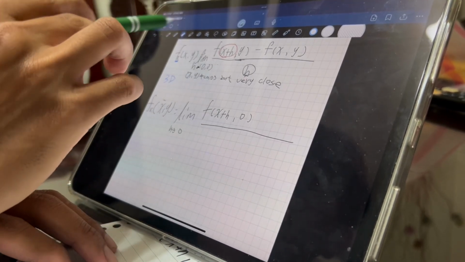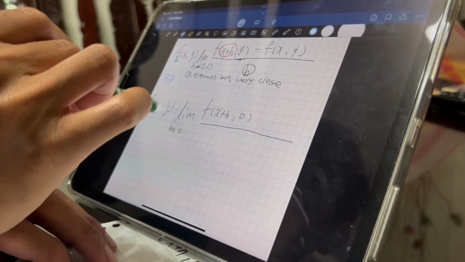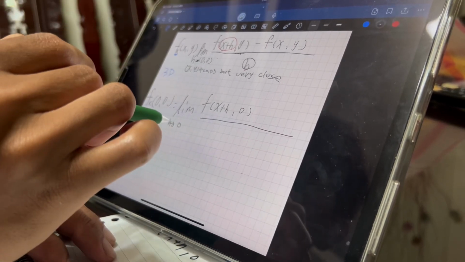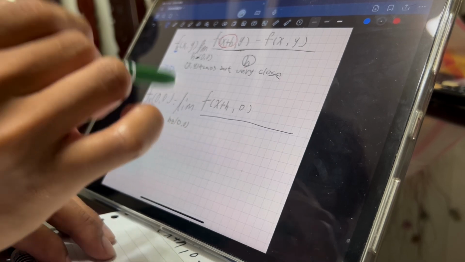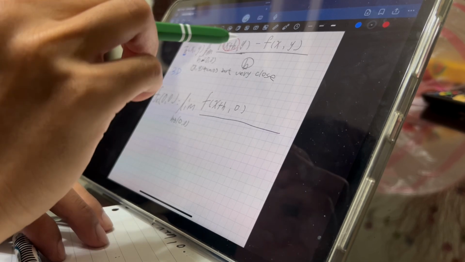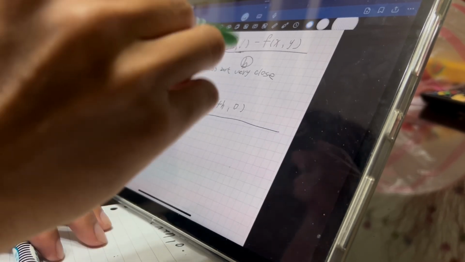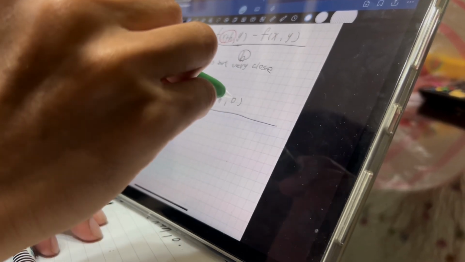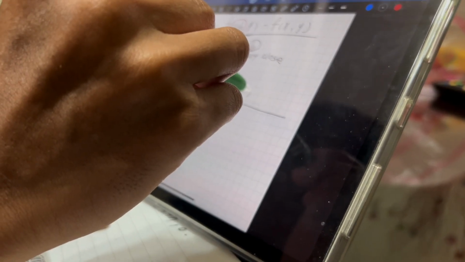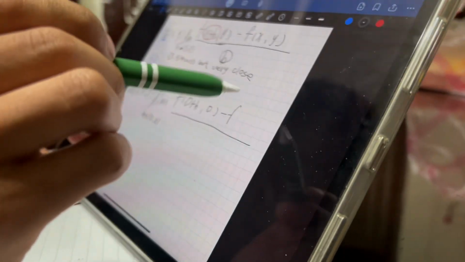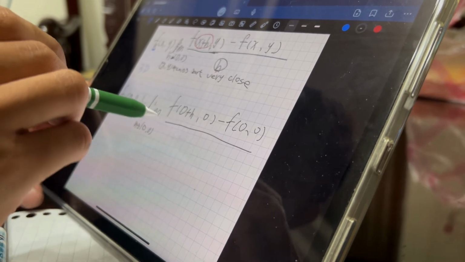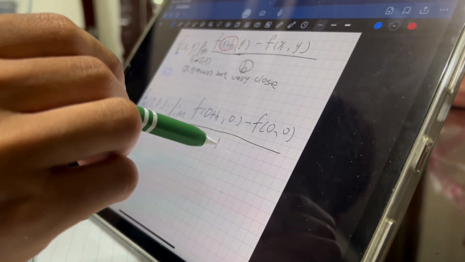The part above is all right, but in this question I made a mistake. The f of x, y equals 0 at 0, 0, and x is nearly 0. So f of x plus h equals f of 0 plus h, y0, which means 0, 0, minus f of 0, 0, and below divided by h.